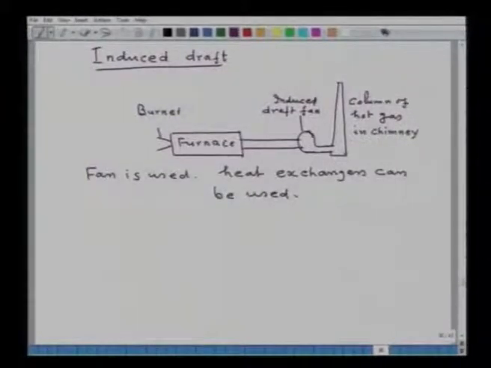That is possible, but the only disadvantages of using induced fan are, first of all, interaction between hot gases, dirty gases with the fan. Temperature is very high. So, the chances of destruction of the fan is there.